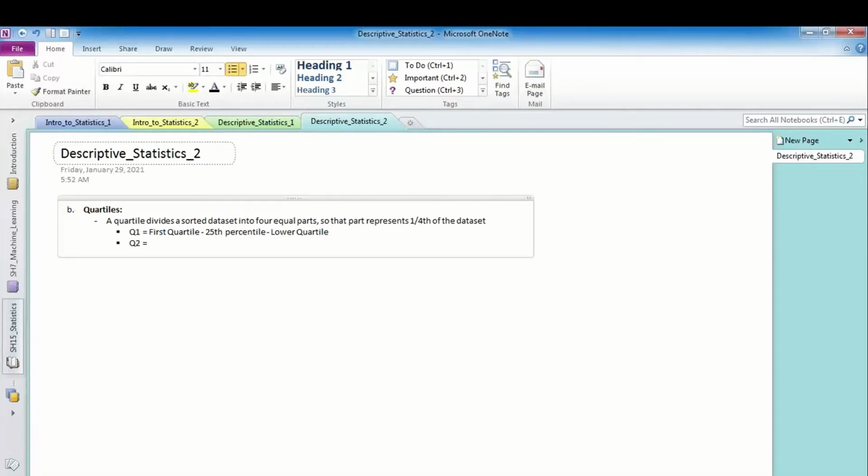What does Q2 stand for in the same language? Second quartile. Since it is the second quartile, what is the equivalent percentile number? 50. It is called the 50th percentile. In other language, what should be the name?